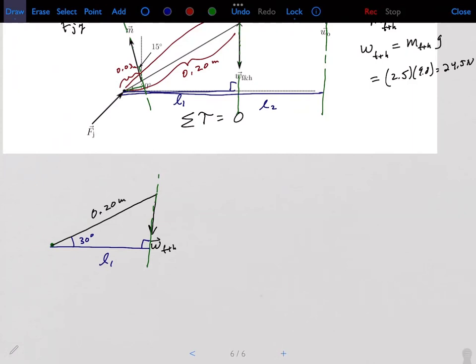How can I find L1? L1 is adjacent to the angle, and I know the hypotenuse, so I can use cosine. Cosine of 30 is adjacent L1 divided by the hypotenuse. So L1 is 0.20 times cosine of 30, and that turns out to be 0.173 meters.